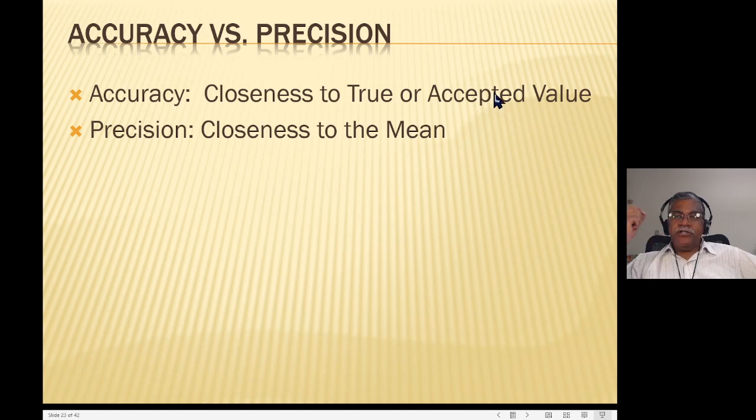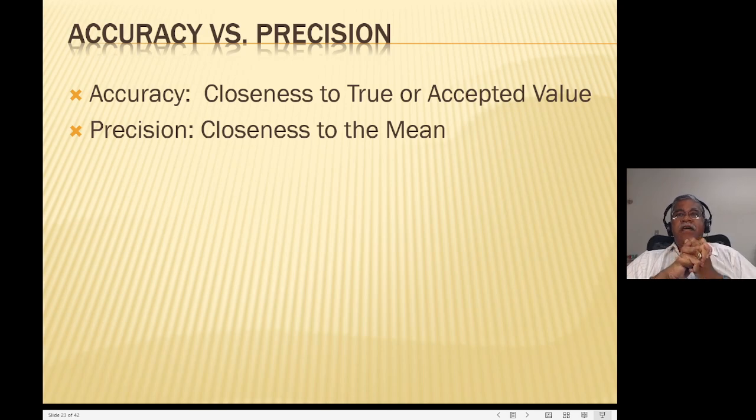Now, precision, on the other hand, is not necessarily close to the true value, it is close to the mean. So you could expect that something very precise is also accurate, but that's not necessarily true. Let me give you an example, okay?